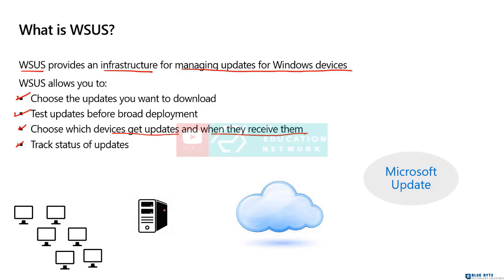Now, the way WSUS works and why we need it, let's say you have all your clients. I'm going to say 500. With 500 PCs, some servers, just a lot of devices. Well, what happens by default, these 500 computers, like all computers, are actually built to connect to Microsoft Update. So your 500 computers would individually connect to the internet, go through the internet to Microsoft, and they would all download the same update.